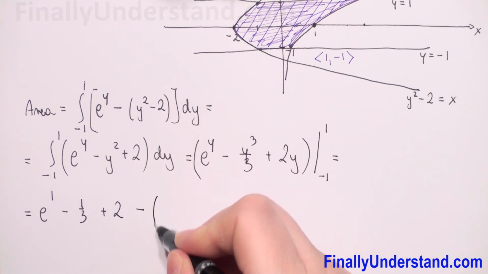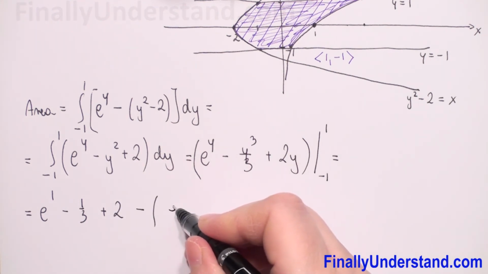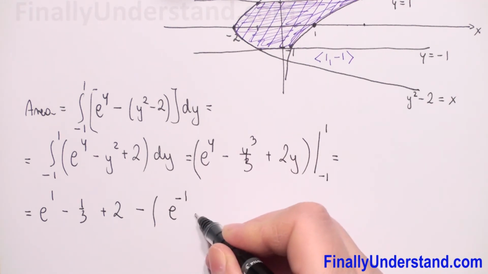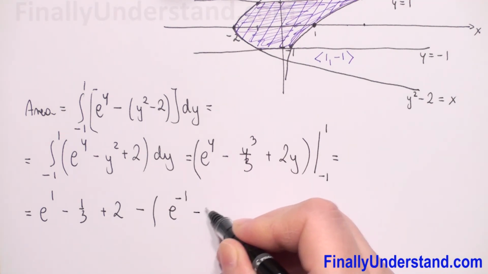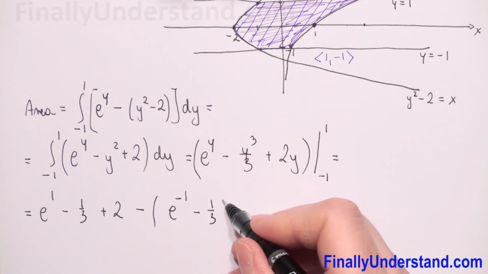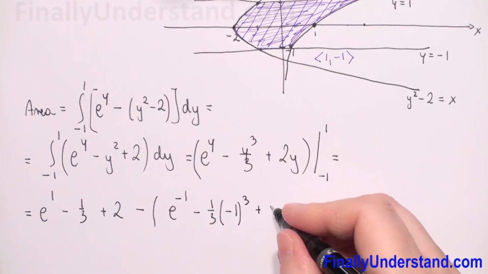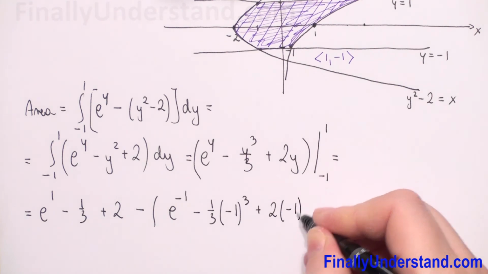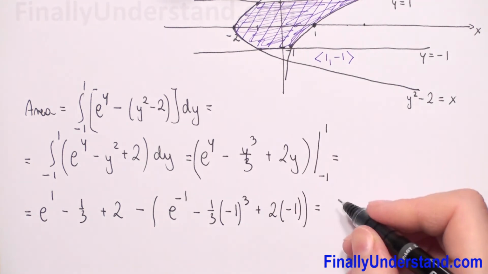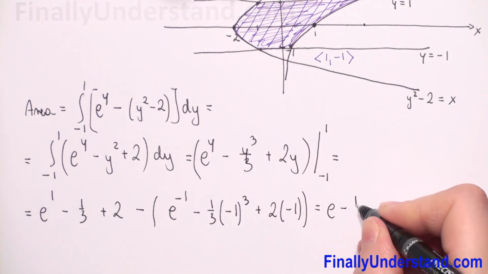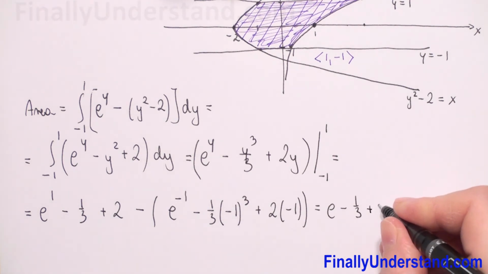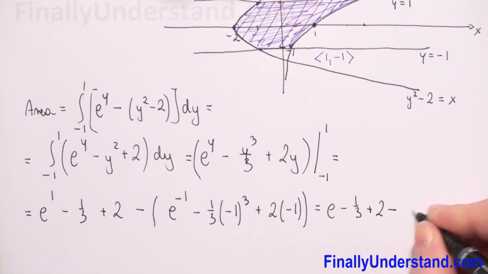Now we have to subtract the lower limit. So we have e to the power -1 and we will have minus 1/3 times -1 to the third power plus 2 times -1. So this is equal to e minus 1/3 plus 2, and we have minus e to the power -1.